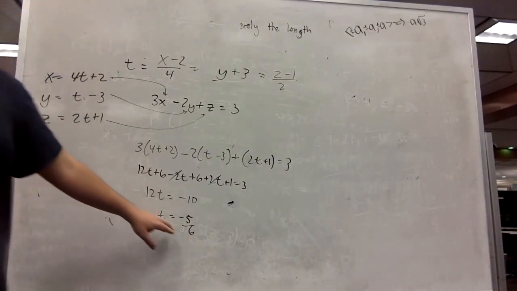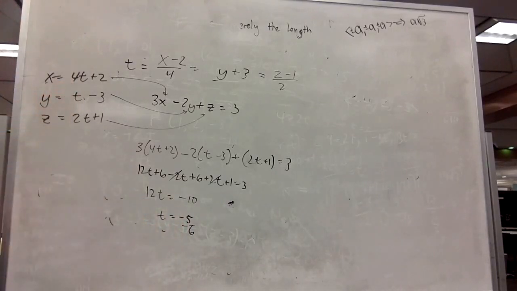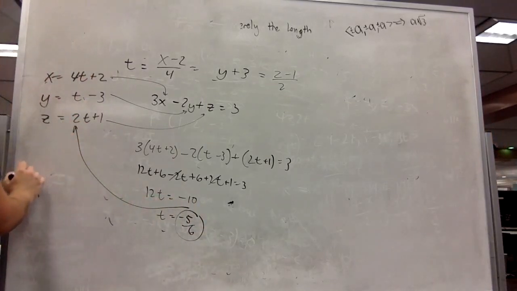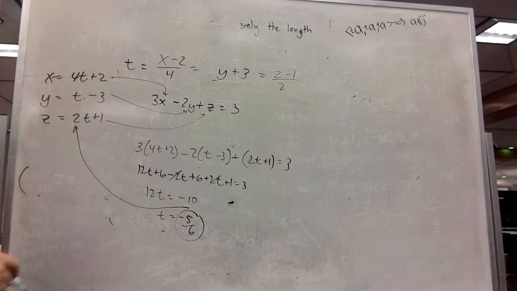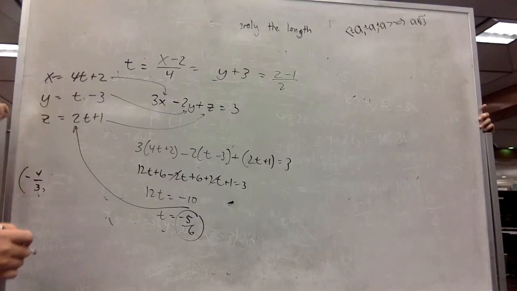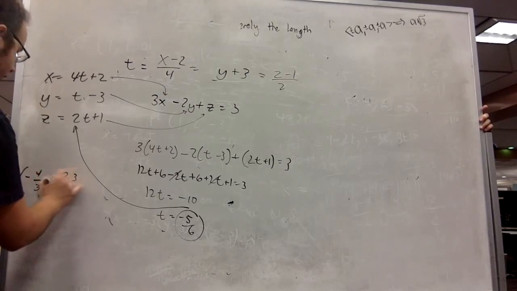So in order to figure out what that point would be, I would take negative 5 sixths and plug it in for t. That would give me the coordinate: negative 5 sixths times 4 would be negative 10 thirds, plus 2 would be negative 4 thirds. Negative 5 sixths minus 3 would be negative 23 over 6.